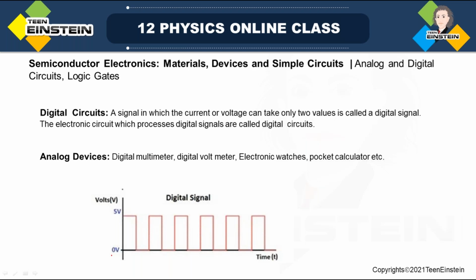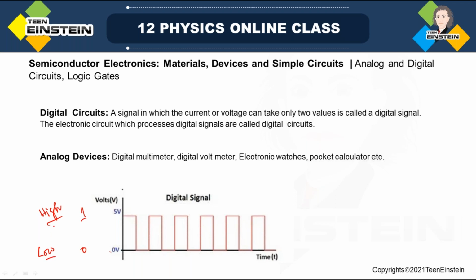This 0 can be defined as 0 and this 5 volt can be defined as 1. I can define this as low level, represented by 0, and this as high level, represented by 1.